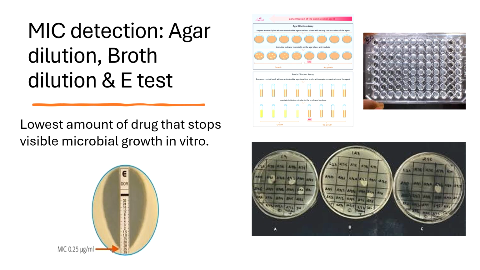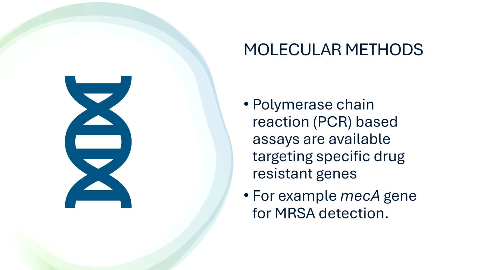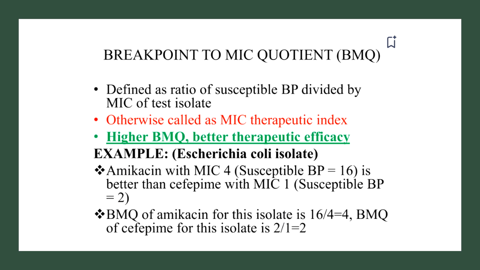Similarly, a graded concentration of antibiotic is used for the preparation of agar media, and this is called agar dilution. The molecular method is basically done by PCR, and here we check the gene, like the mecA gene for MRSA.